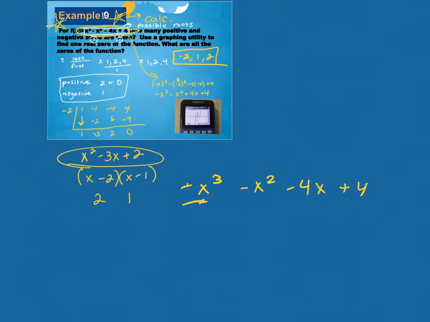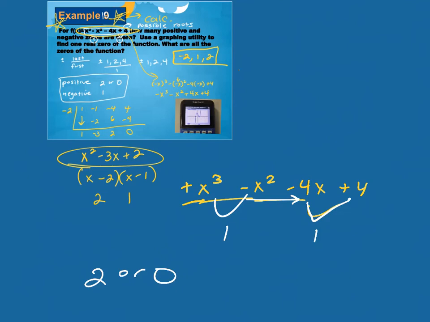Starts positive, becomes negative, that's one sign change. Stays negative, but then becomes positive, that's a second sign change. So when I'm counting my possibles, it's 2, or if I subtract 2 from that, 0. That's positives.